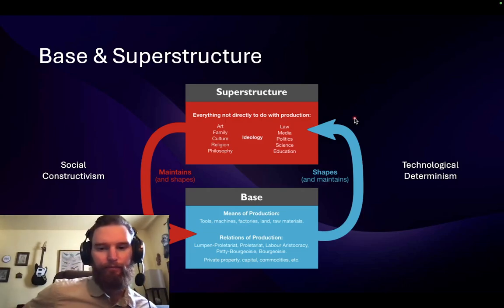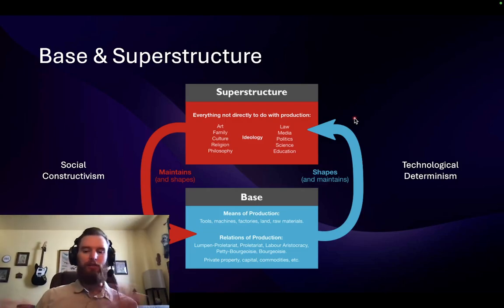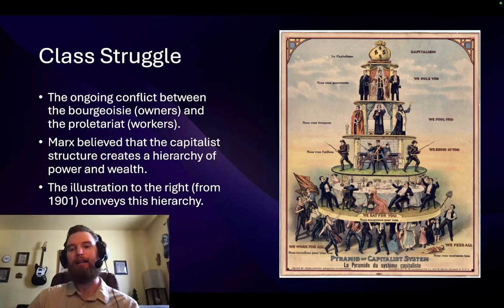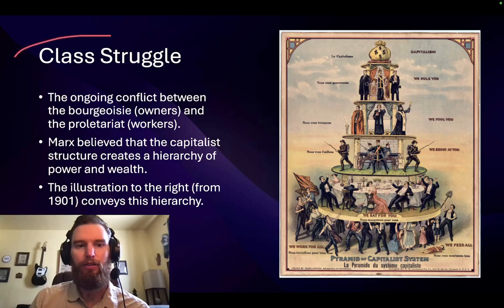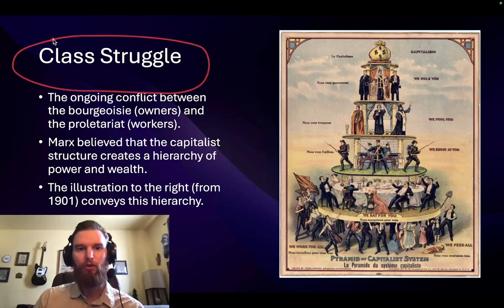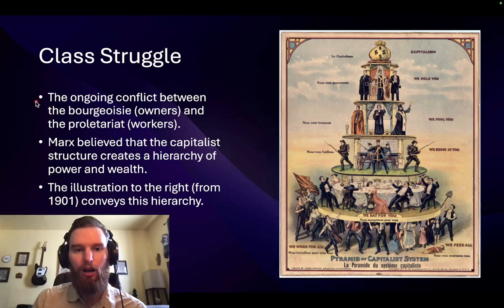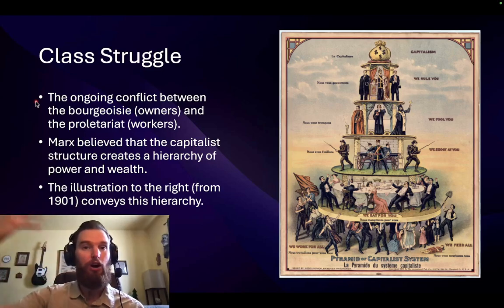So the thing about the base and the superstructure and the means of production and all of this kind of stuff is that Marx really felt that all of these things intertwined together to develop something called the class struggle. So he deems this as the ongoing conflict between the bourgeoisie, the owners, and the proletariat, the workers, right?